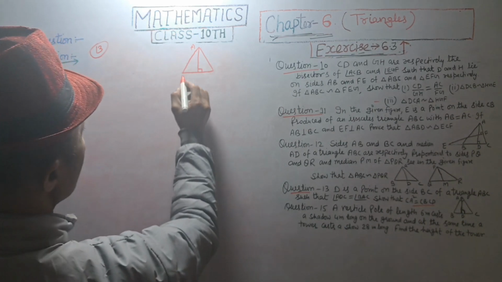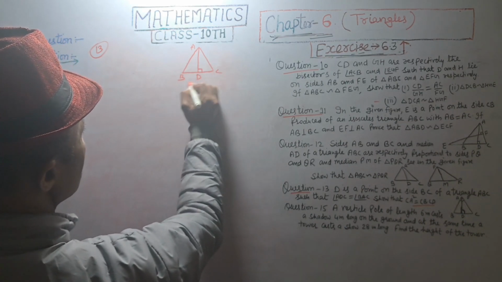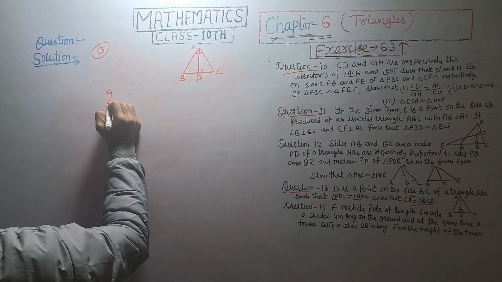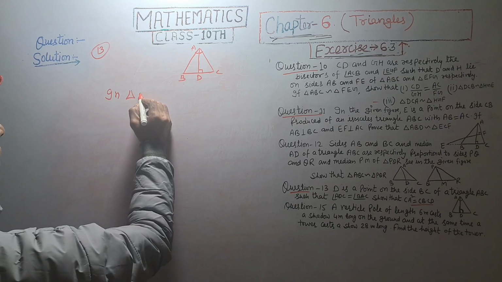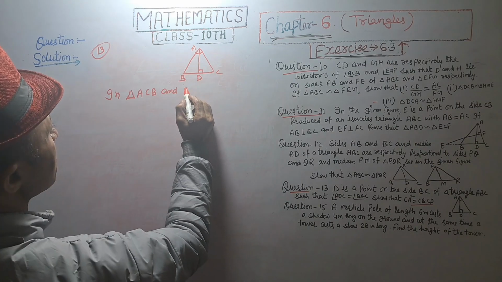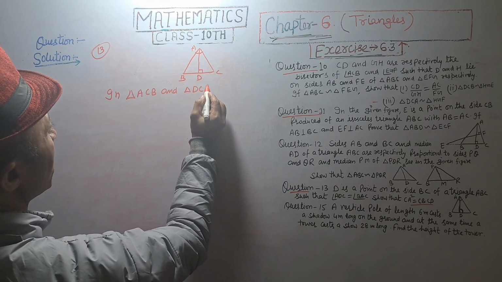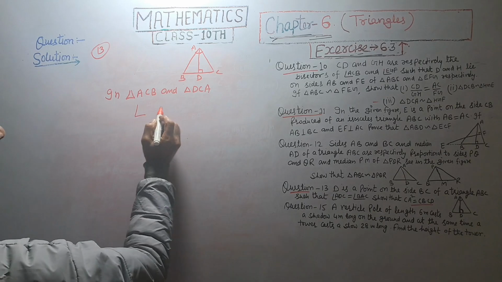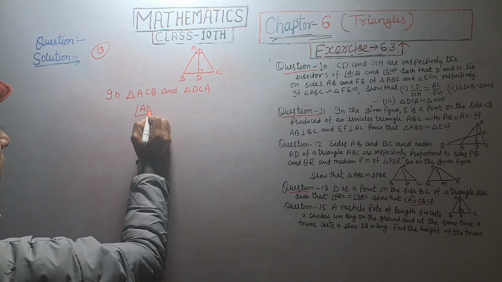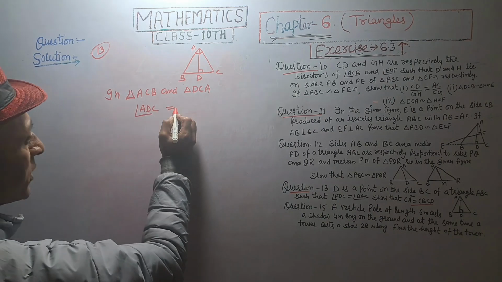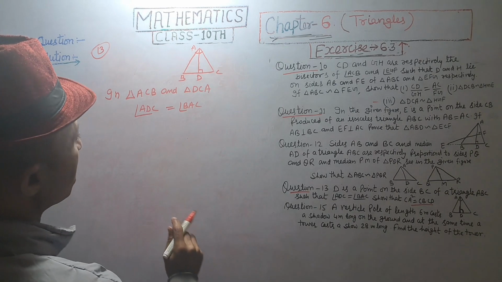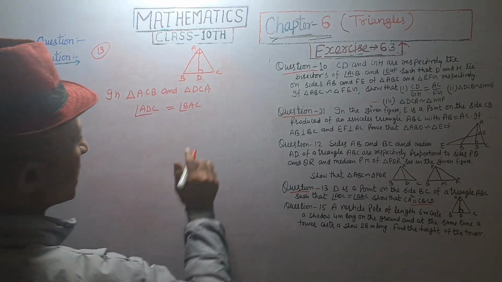Given triangle ABC with point D. In triangle ACB and triangle DCA, angle ADC is equal to angle BAC, given.